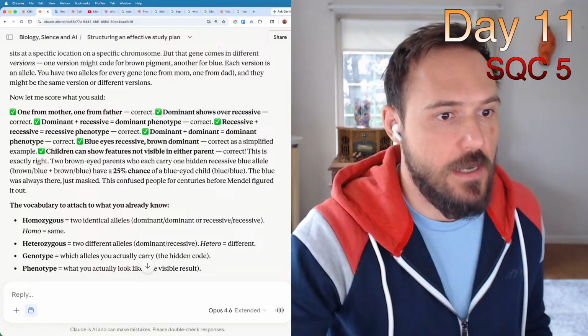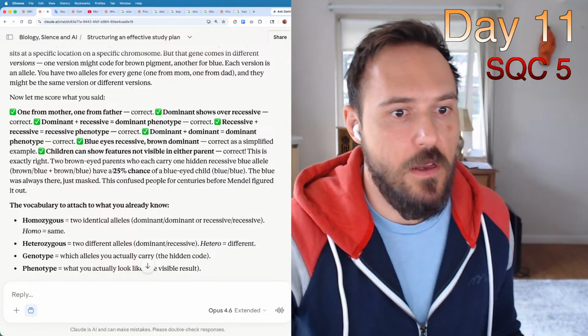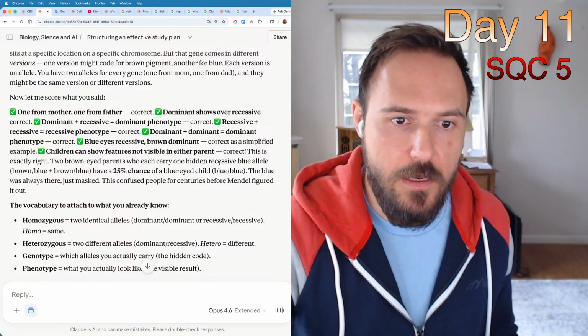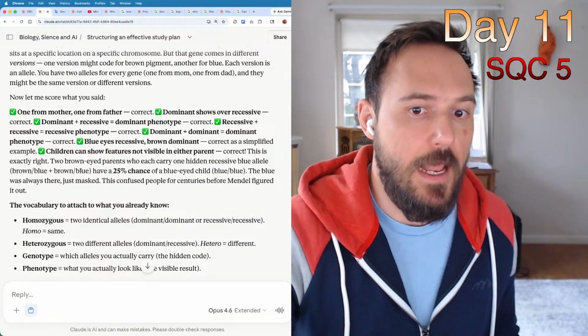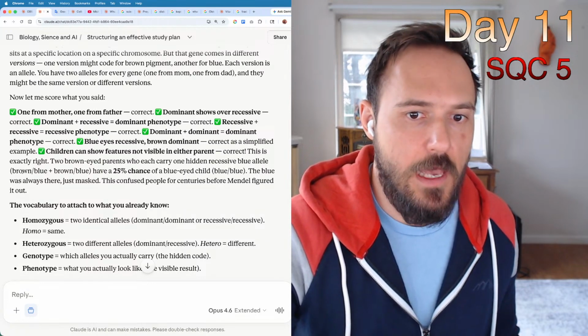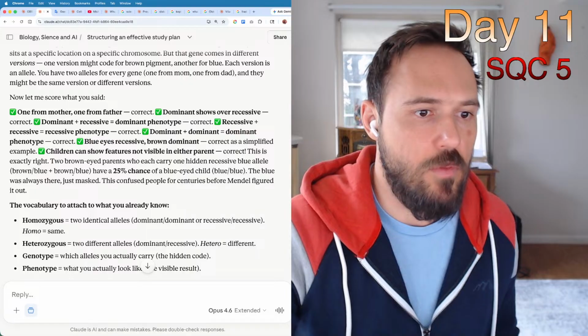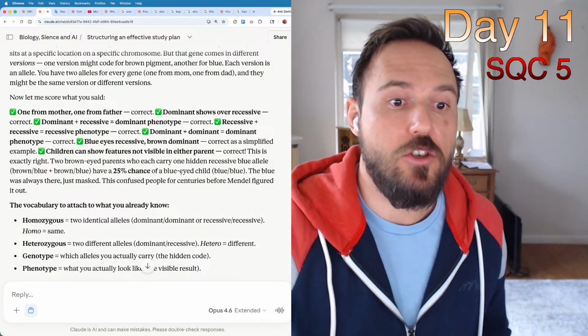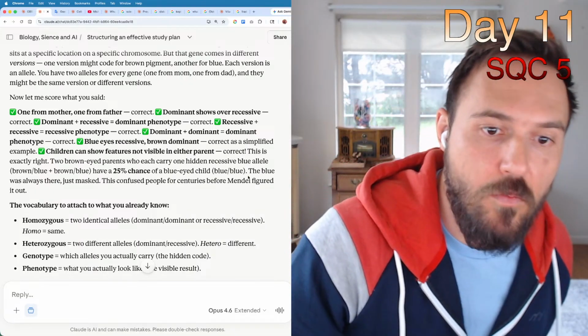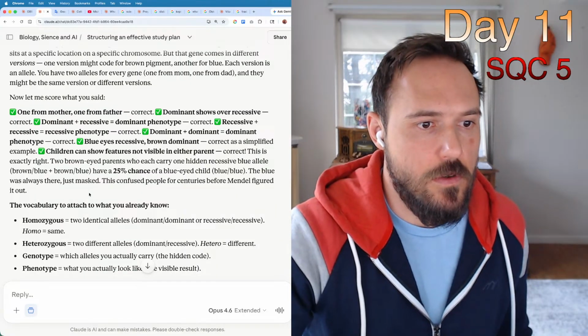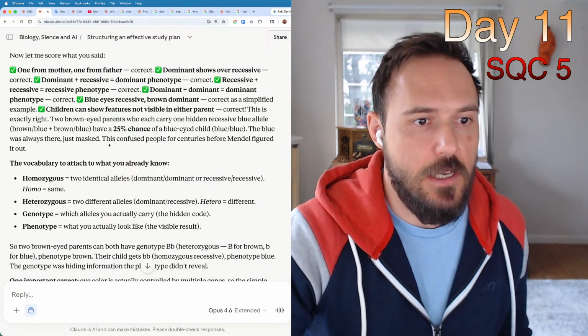Correct. That's exactly right. Two brown-eyed parents who each carry one hidden recessive blue allele, brown-blue, have a 25% chance of a blue-eyed child, blue-blue. The blue was always there, just masked.